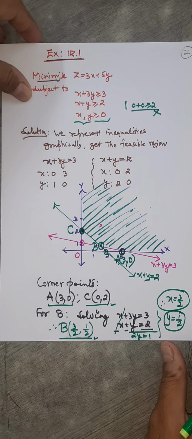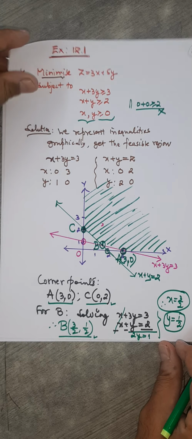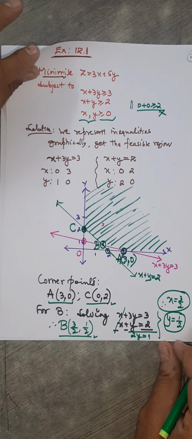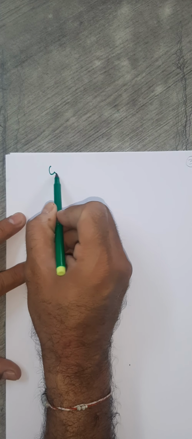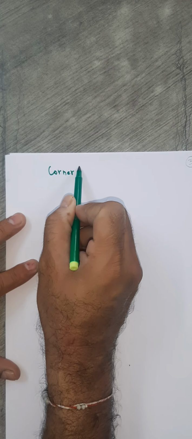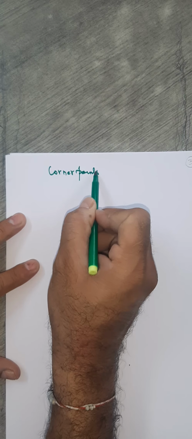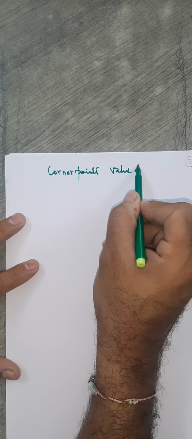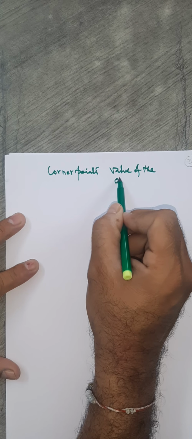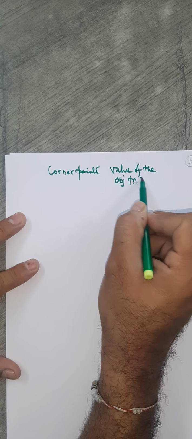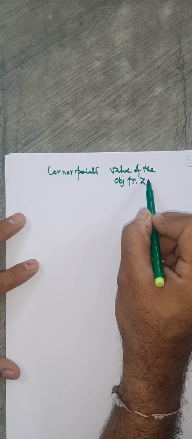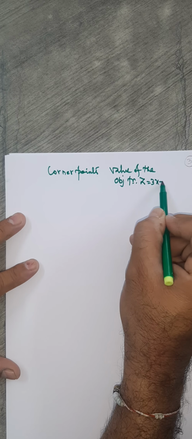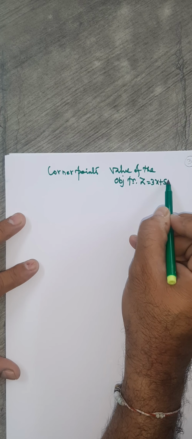Now we prepare the table. Whether it is a bounded region or unbounded region, you need to prepare the table. So here I'll write corner points, and we write the value of the objective function z, which is given by 3x plus 5y.